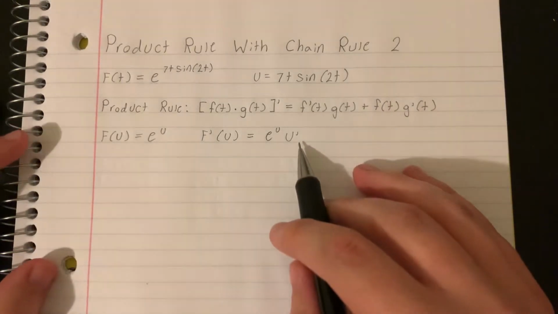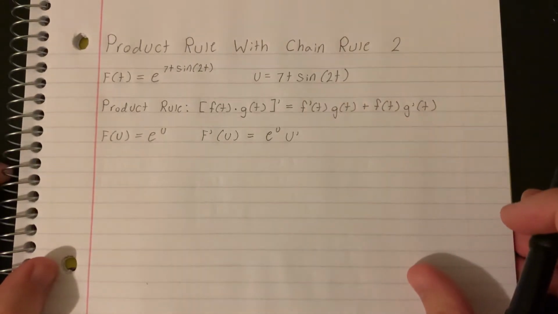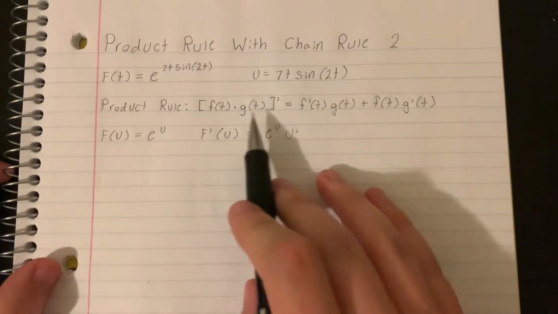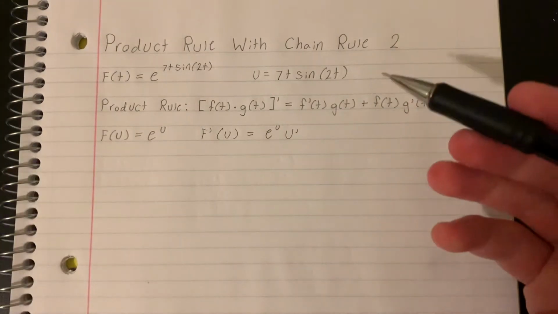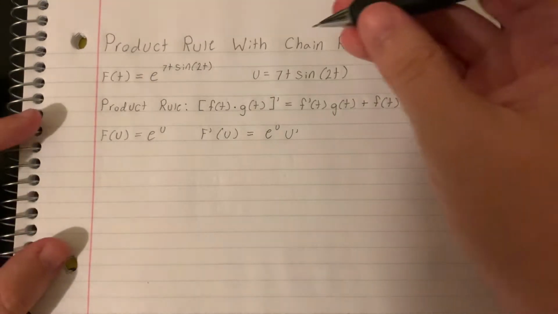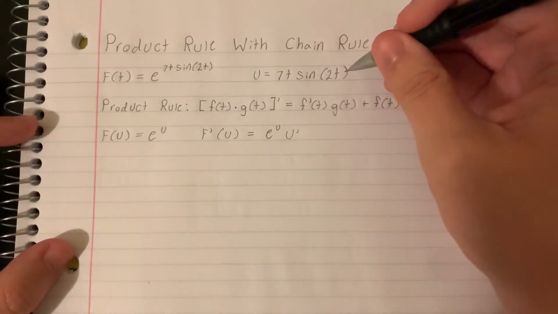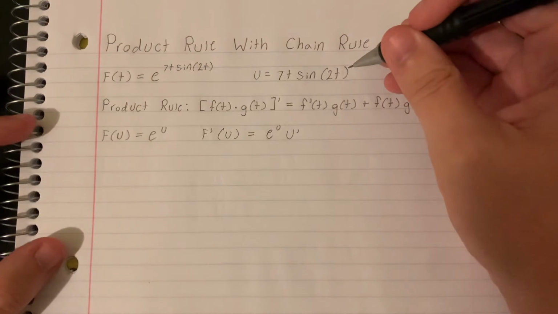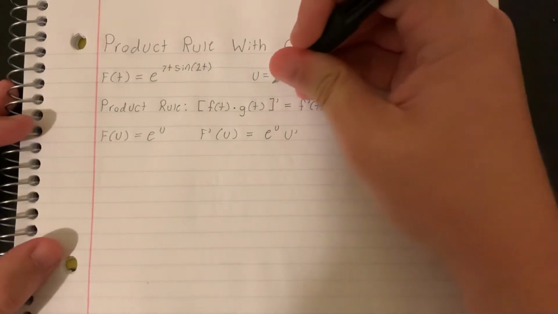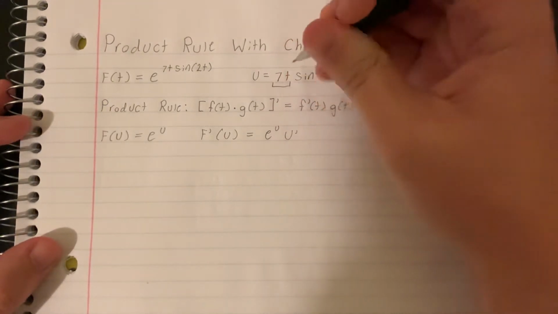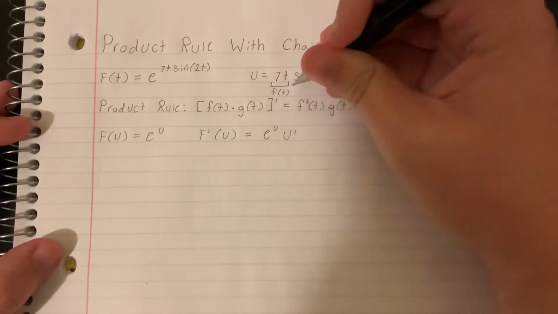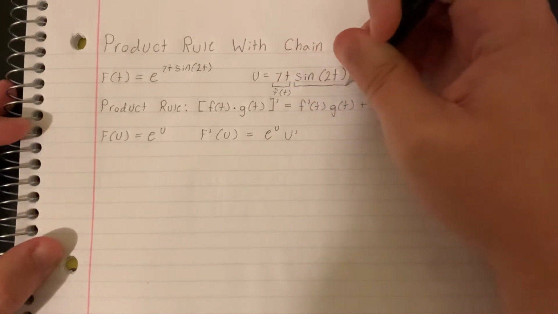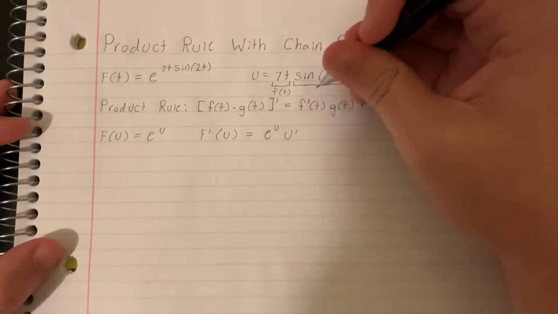Unfortunately, finding u prime in this case will be pretty tricky because we're going to have to use the product rule. So, in order to find u prime, we're going to have to break this up right here into f of t and g of t. So, for our f of t, we're going to have that equal 7t. And for our g of t, we're going to have that equal the sine of 2t.